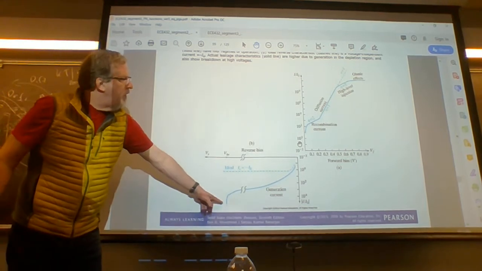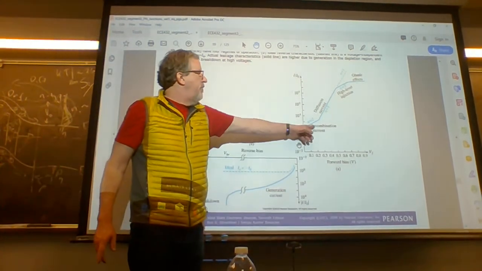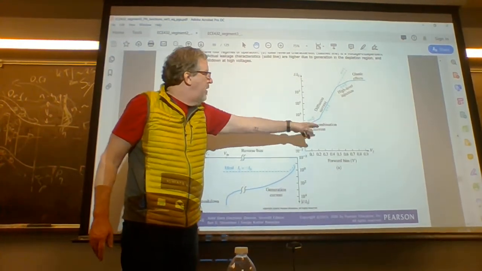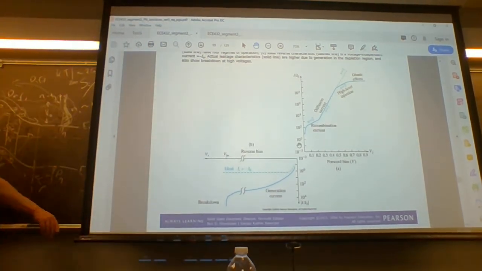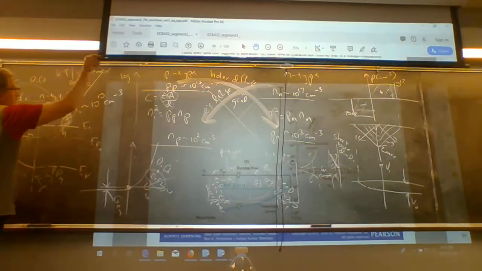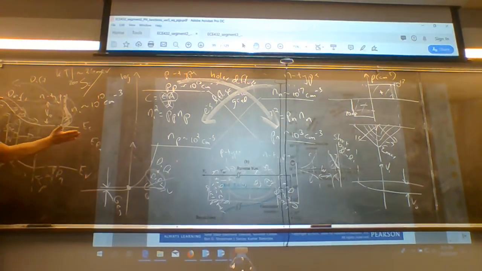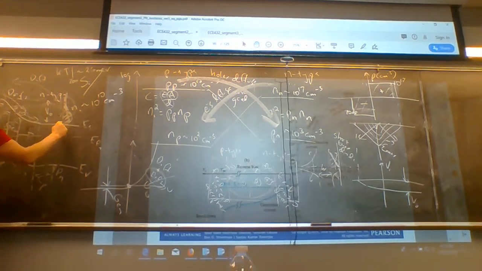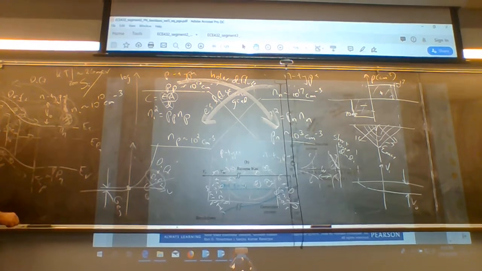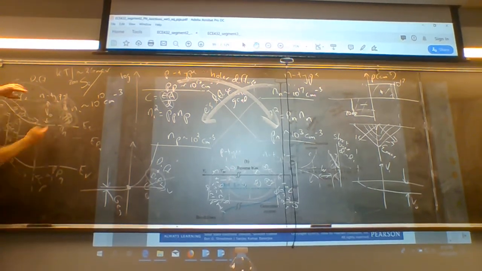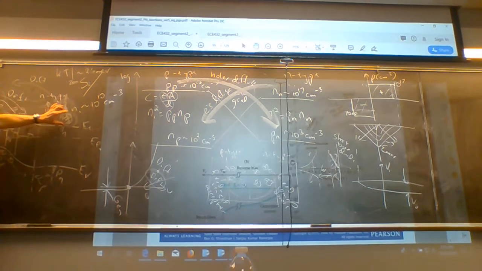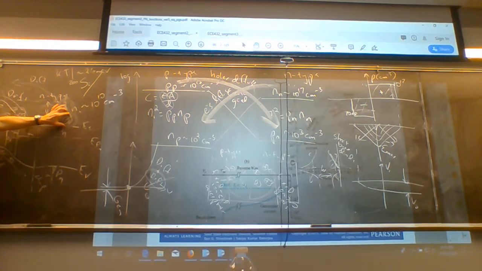We already talked about the breakdown. We have the recombination, because we're still not at the sweet spot. As this goes into forward bias, we're still not near the sweet spot of where the carriers are. This is kind of a dull space. There's not a lot going on here. This is the sweet spot where most of the carriers are.